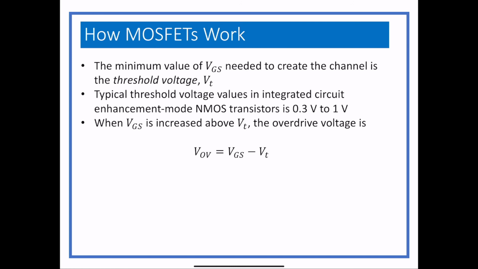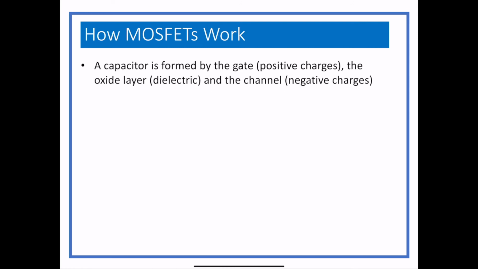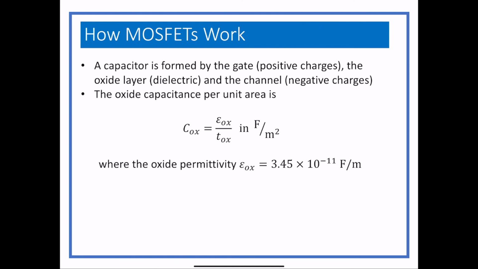The oxide is like a dielectric, and the channel has negative charges in it, so you can actually create a capacitance in that region. And that capacitance is always going to be there, and it's based on the thickness of the oxide layer, which is why that was denoted earlier, because that does determine what the capacitance is. And it's also based on the permittivity of the oxide.